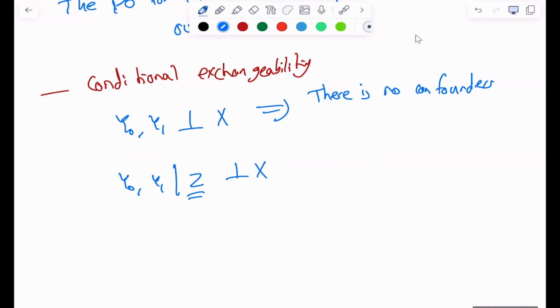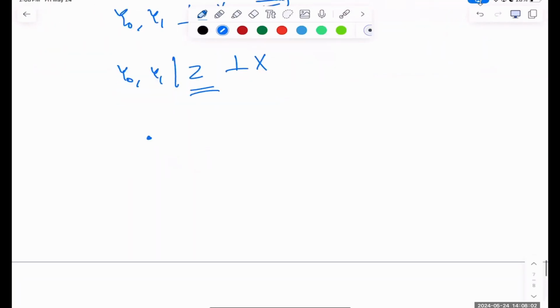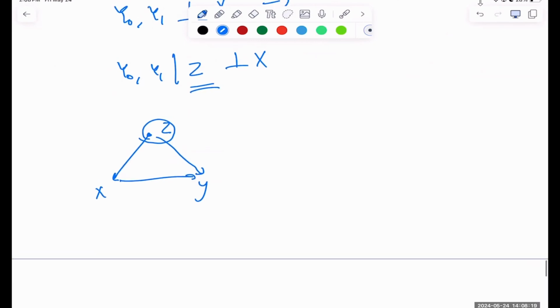So this might be hard for you to see. This is where the DAG is going to come to the rescue. So assume that we have a DAG like this. This is Z, this is X, and this is Y. So conditional exchangeability here means that if you condition on Z, you block all the backdoor paths, all the non-causal paths.